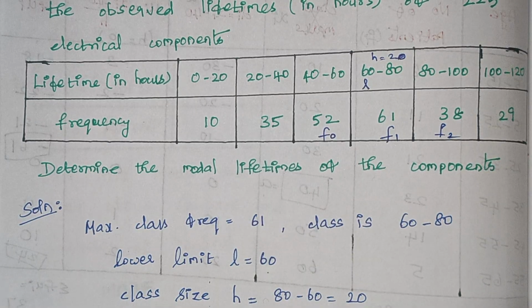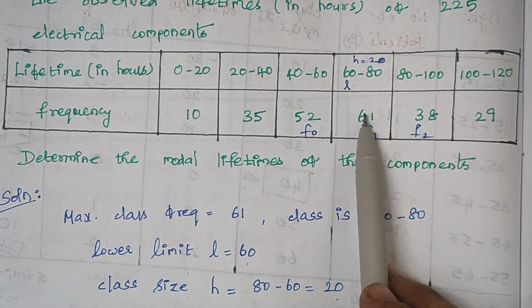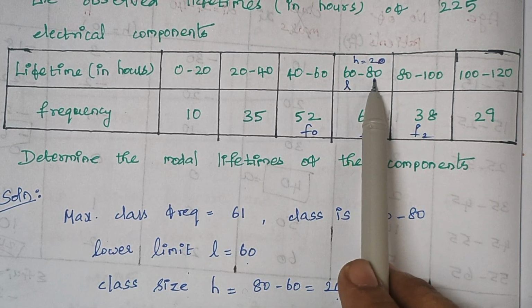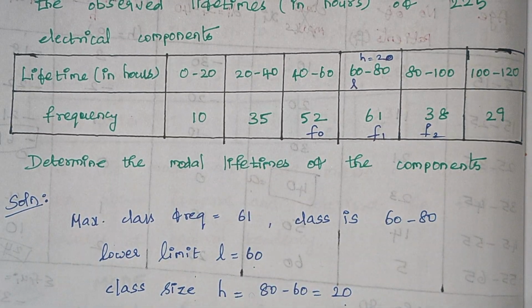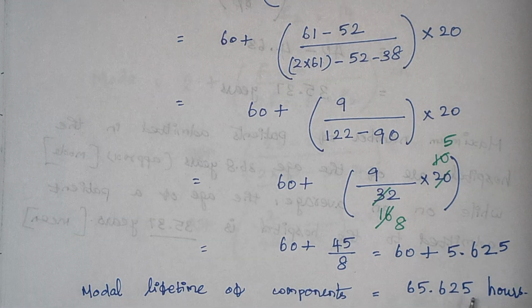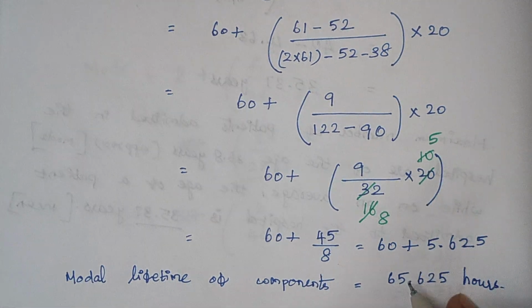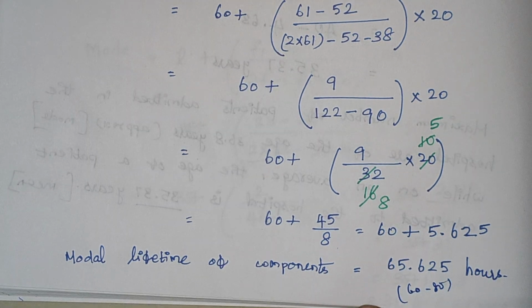So here I would like to tell you one small trick, to check whether your answer is correct or not. So here you see the class corresponding to the maximum frequency is 60 to 80, right, in hours. So here what about your answer? You see the answer is 65.625 hours. So this lies between the class interval 60 to 80. Right.